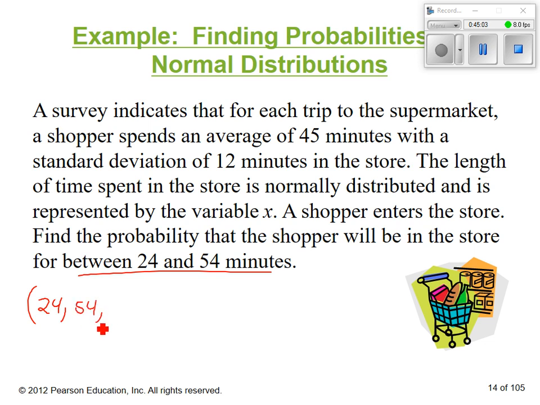What's our mean? 45 minutes. And our standard deviation. Punch all that in, and that's going to tell us the probability that a shopper is in our store between 24 and 54 minutes.